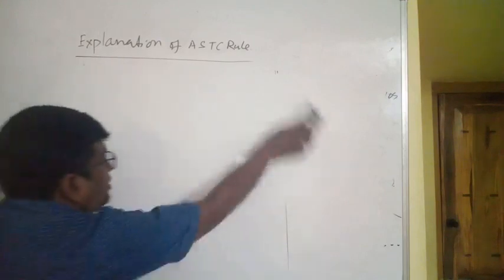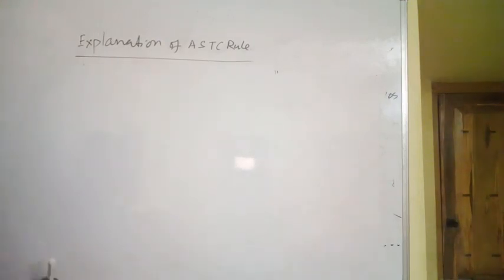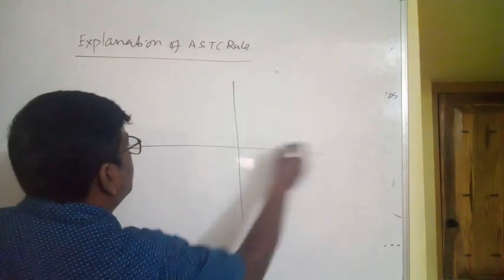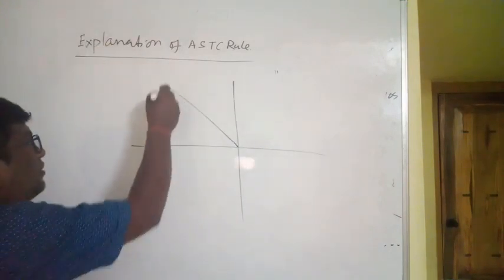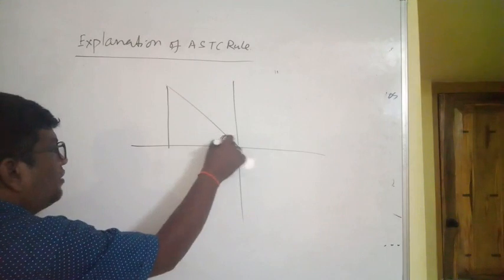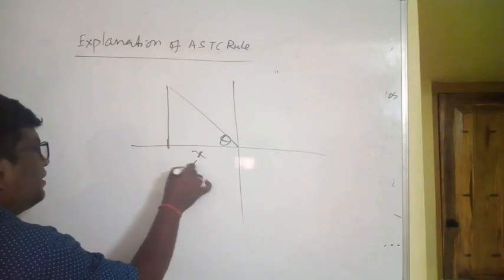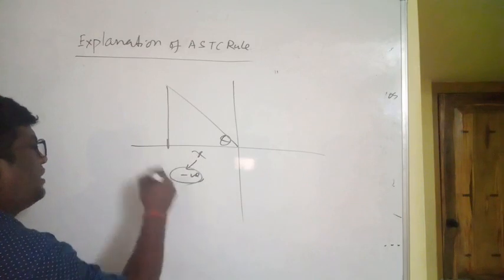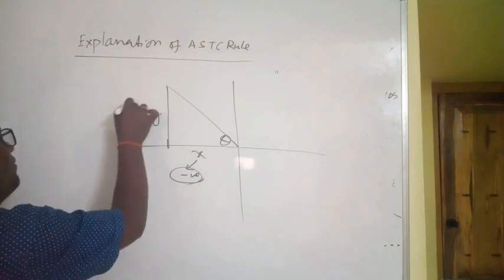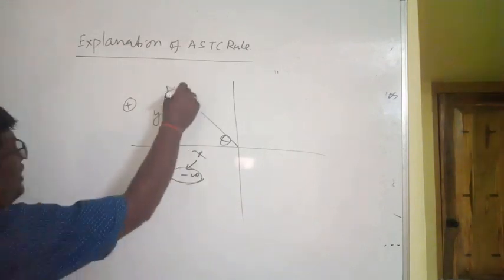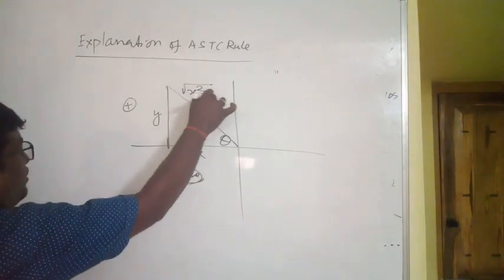Now for the second quadrant, this is theta, and here x is negative, and this is y. Y is positive, right? And this is √(x² + y²).